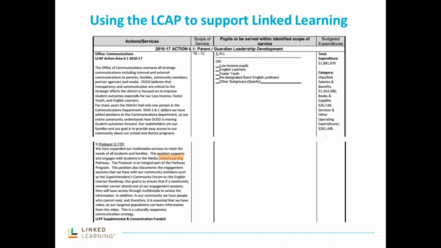But if you look at the second row of this page, you'll see that we've popped over to goal number 6, which is around parent and guardian leadership development. Loosely related to linked learning, but not as explicitly as career pathway development.